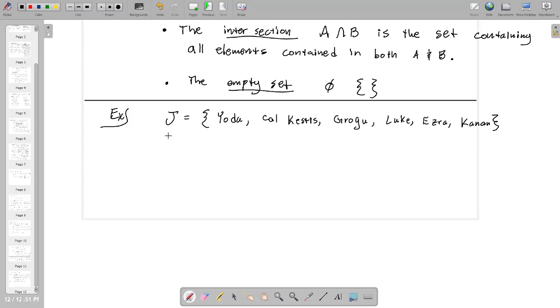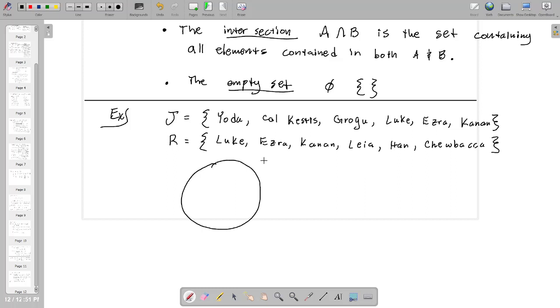And we'll call the set R Luke, Ezra, Kanan, Leia, Han, and Chewbacca. Both of these sets, basically, we have the set of Jedi and a set of Rebels.